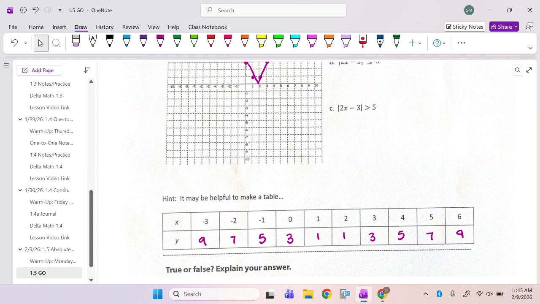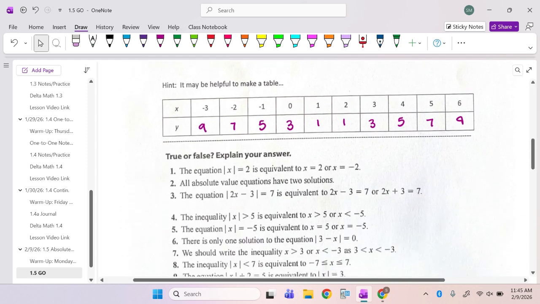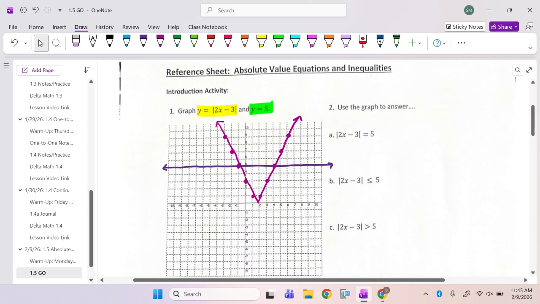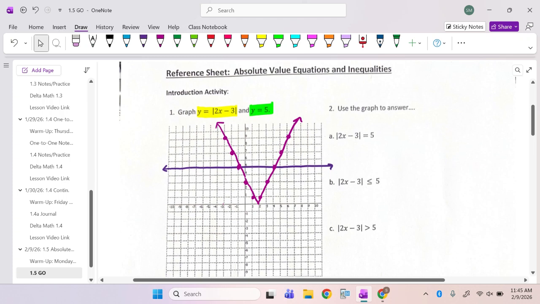All right. So there's the table. Here's what the numbers that should be on your table. Everyone good with the table? So if you graph that table, here's what the graph should look like. So this should be what you have on your sheet right now.